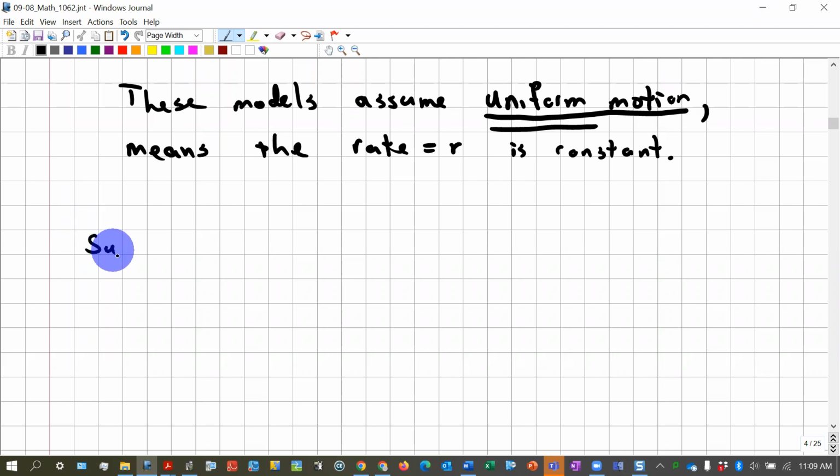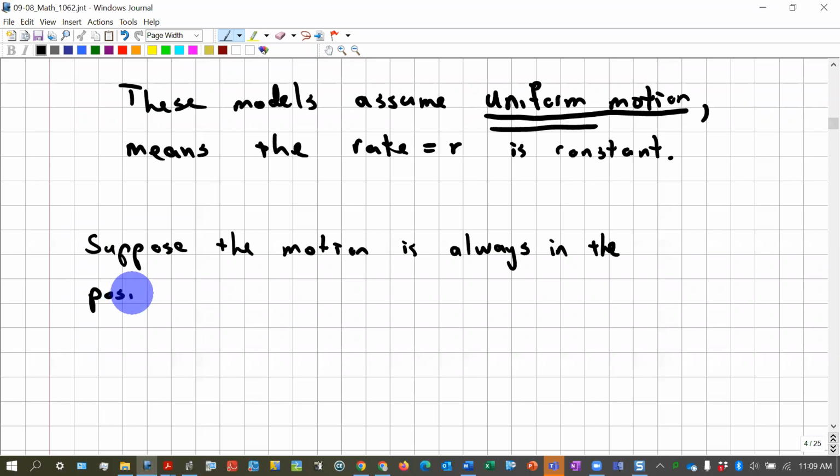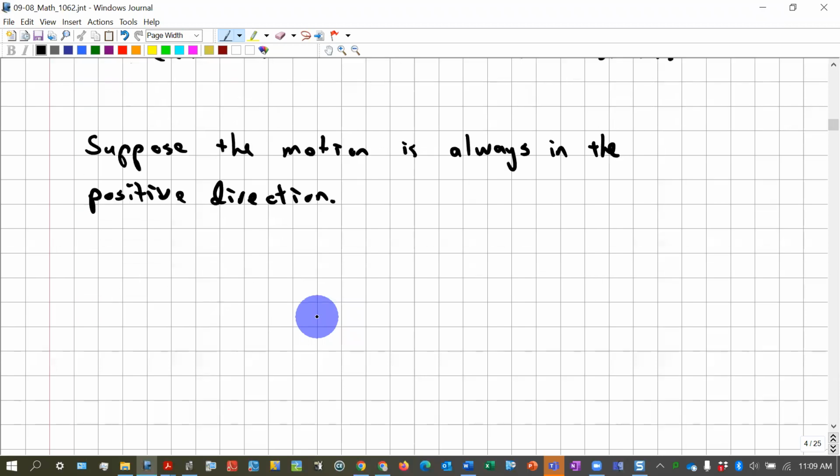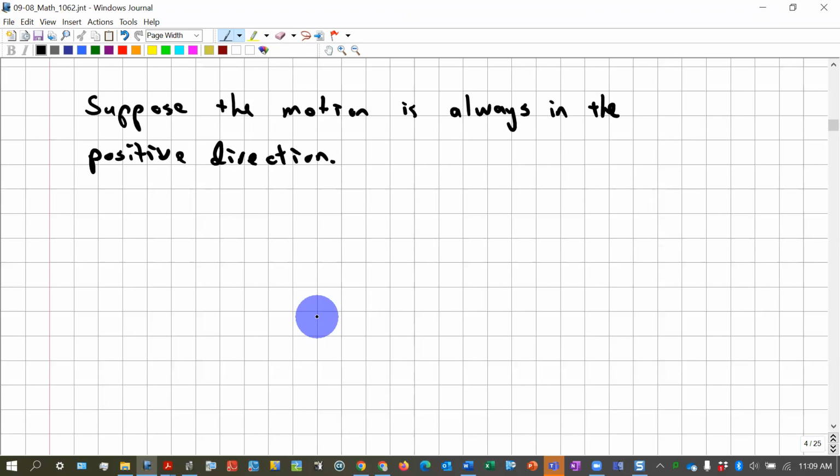So suppose the thing moving, whatever it is, so for now, let's suppose that the motion is always in the positive direction. Then we don't have to make a distinction between speed and velocity. Those of you that have had a little bit of physics.